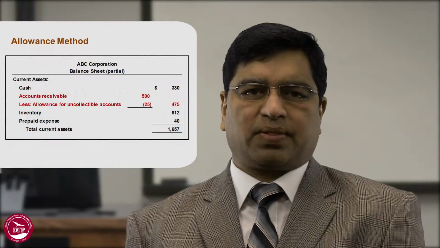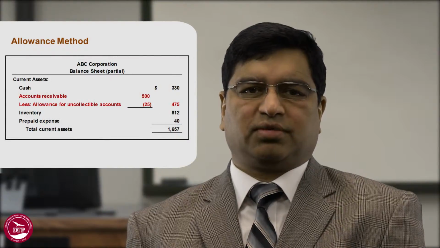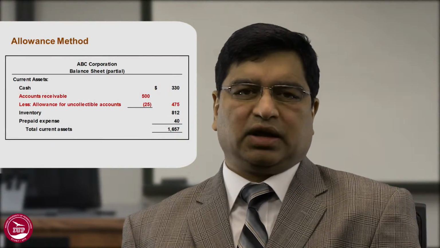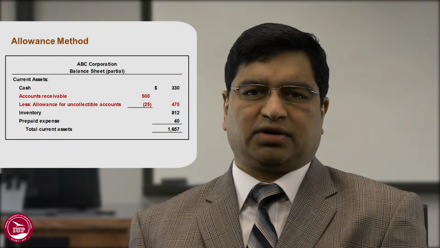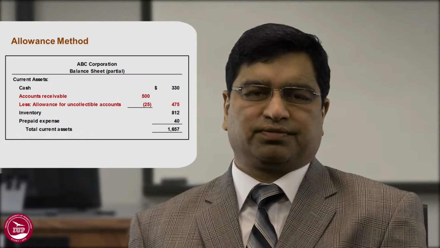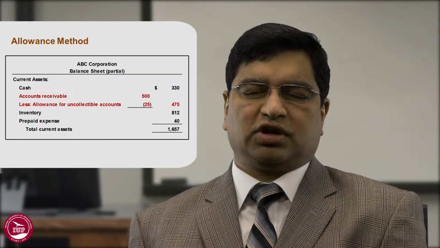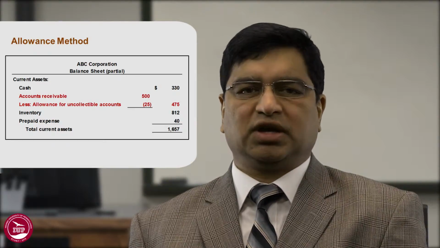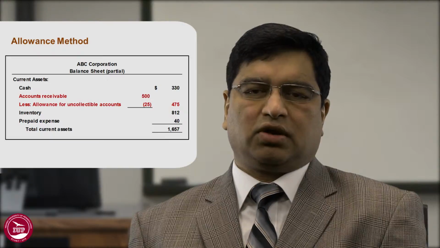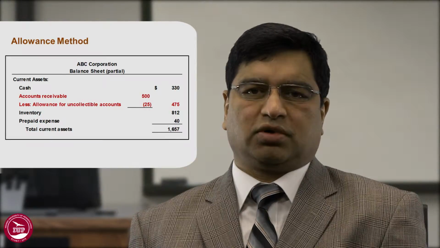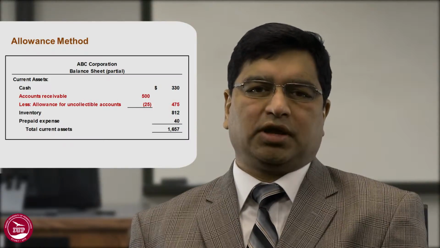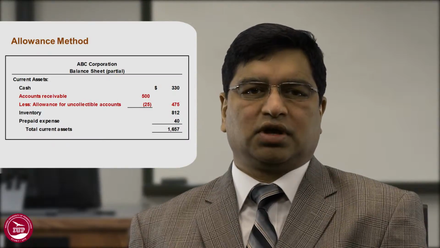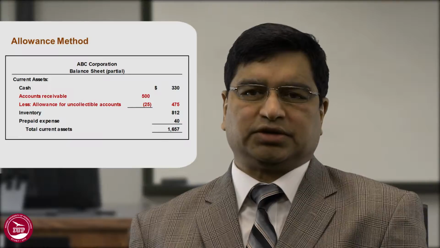So for example, you might have an accounts receivable of $500 and an allowance for uncollectible accounts subtracted at $25. So your net accounts receivable is $475. So what we are saying in this case is although we have an accounts receivable or entitlement to collect $500, we may not be able to collect $25 based upon our previous experience.